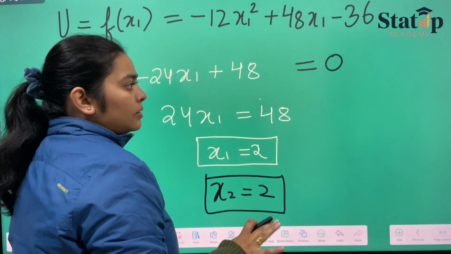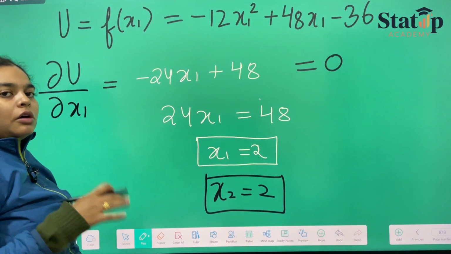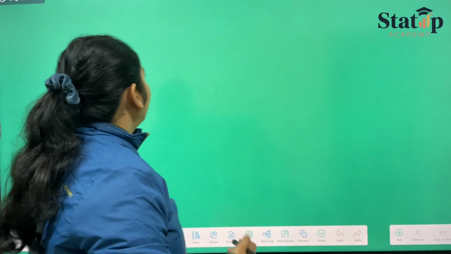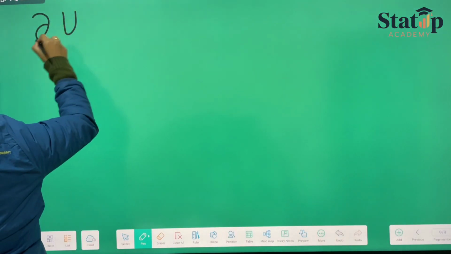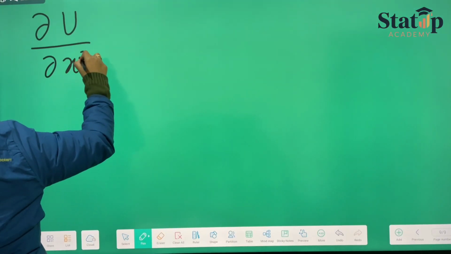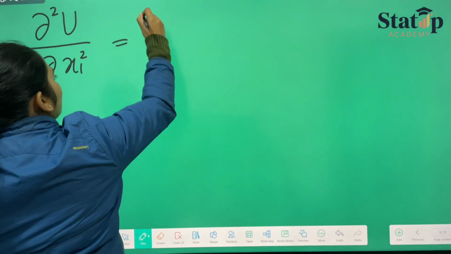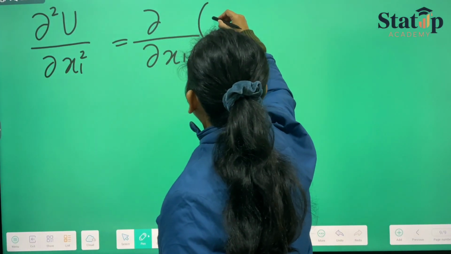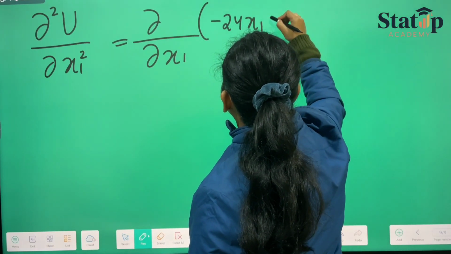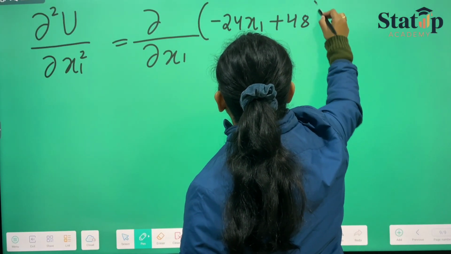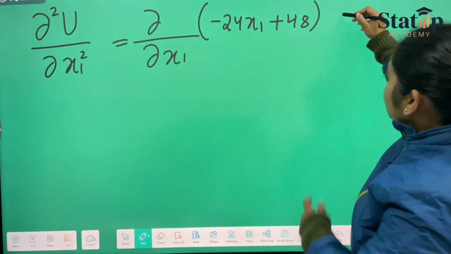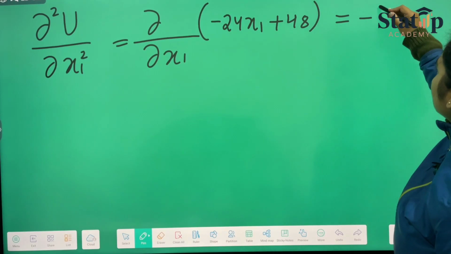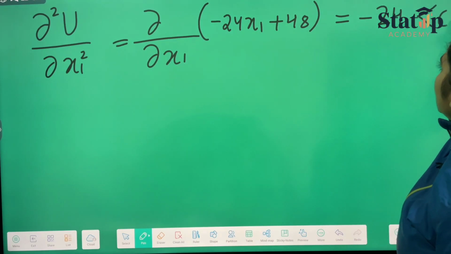But we have to check whether our utility function is maximizing or not. For that, we have to double differentiate this utility function with respect to x1. So we differentiate one more time minus 24x1 plus 48 with respect to x1, and we get minus 24, which is obviously less than 0.